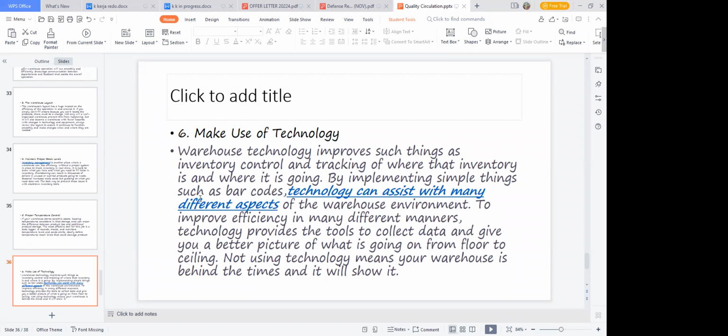Sometimes we use GPS, which can give you only 6 meter to 12 meter accuracy. So now you might use a new one which gives more accuracy. So we need to use the technology.